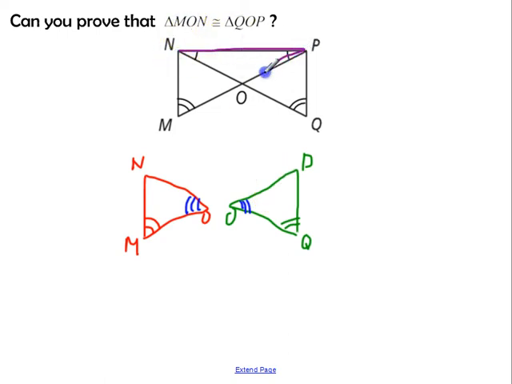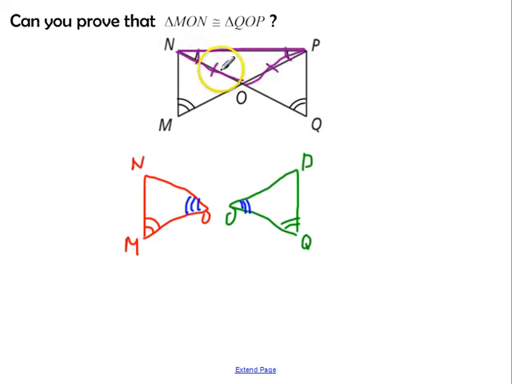So first I'm just going to outline this triangle, and if you notice, it has these congruent angle markings. Now when you have a triangle that has 2 congruent angle markings, that means that this is going to be an isosceles triangle. The converse of the isosceles triangle theorem says that when you have 2 congruent angles, then the sides that are opposite from them are going to be congruent.